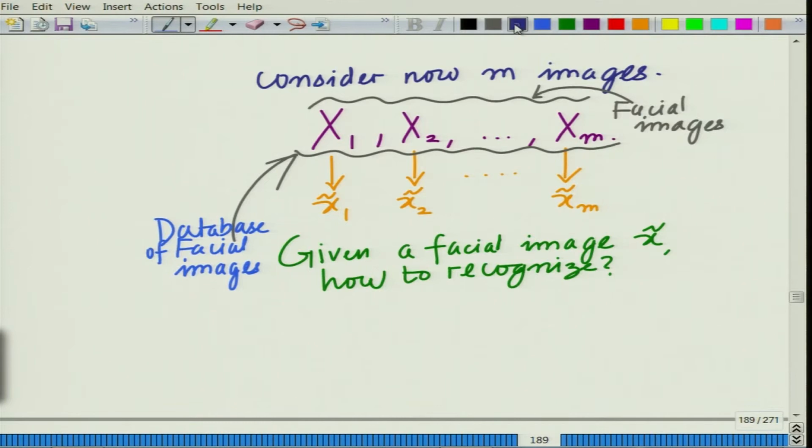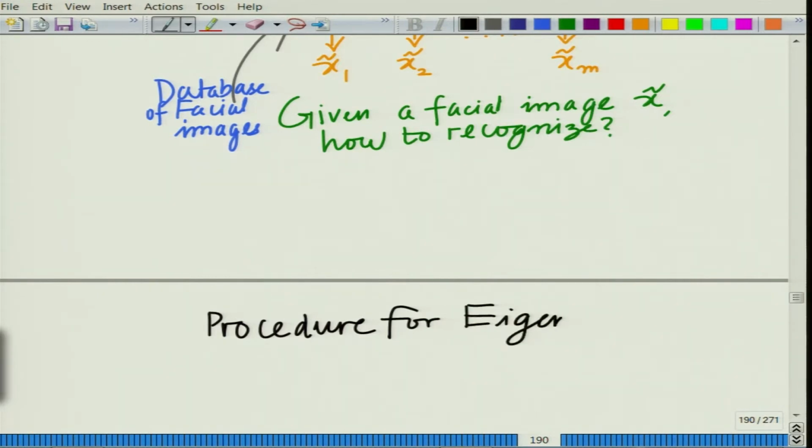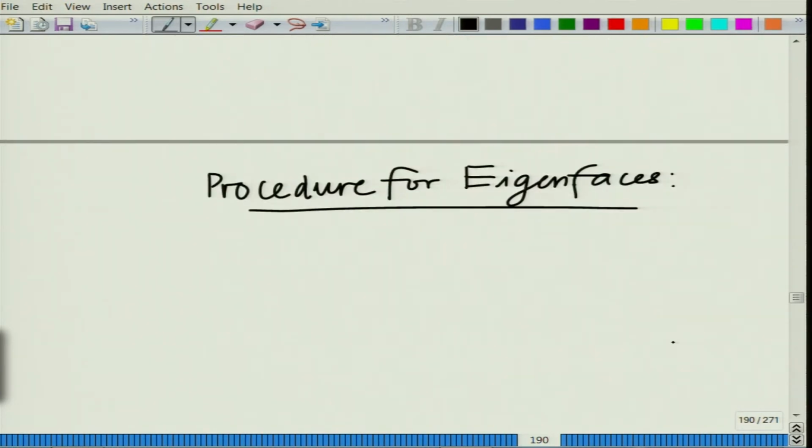Now, the Eigenfaces algorithm proceeds as follows. Remember, we are talking specifically about the Eigenfaces algorithm. So, we will talk about the procedure for Eigenfaces.